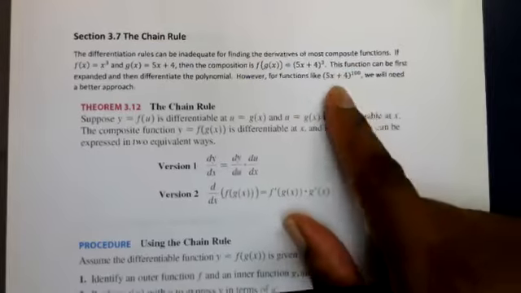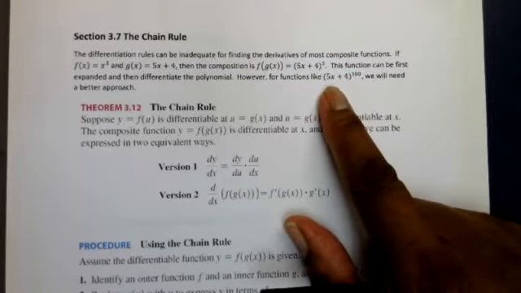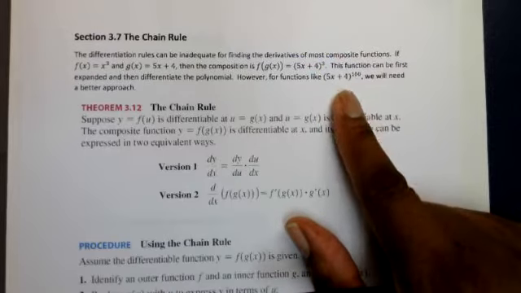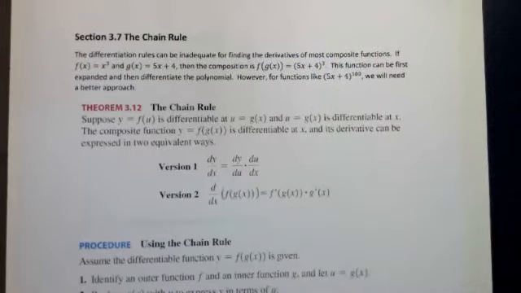However, if you have functions like 5x plus 4 raised to the 100th, then expanding this out would be very time consuming. So that means we're going to need a better approach, and this is where the chain rule comes in.